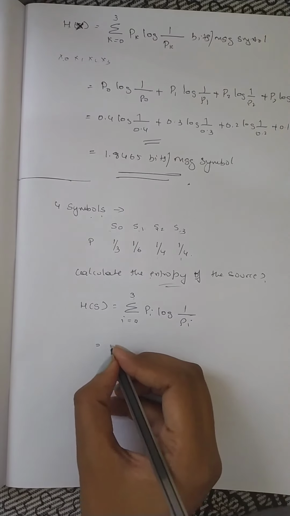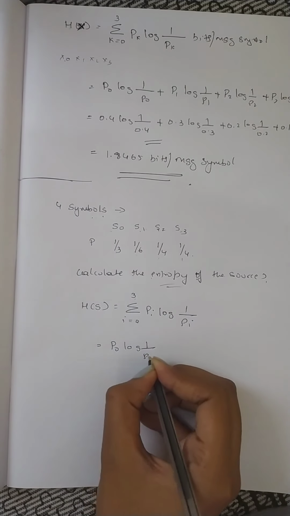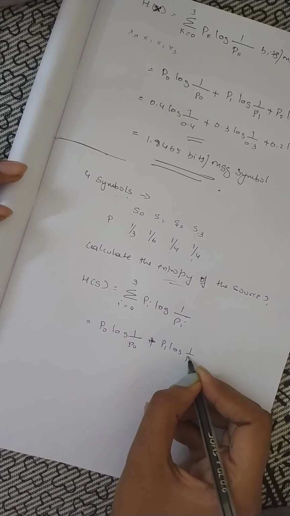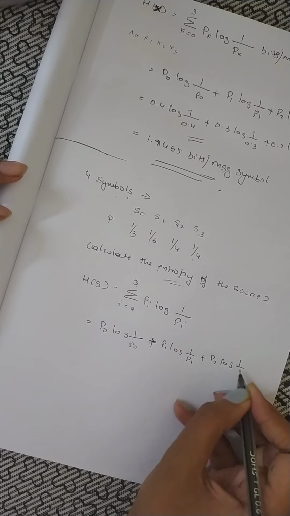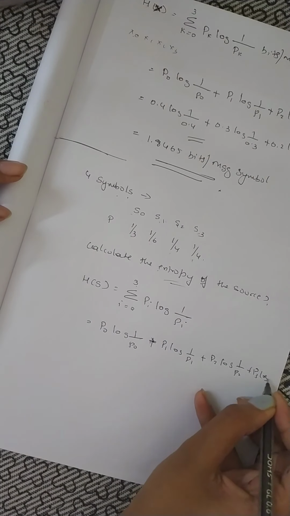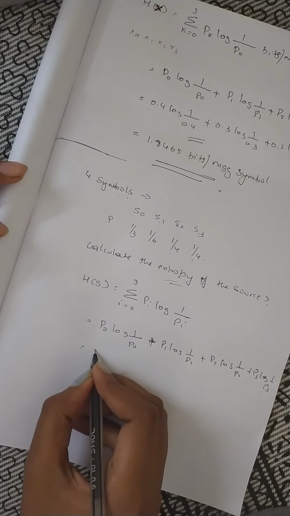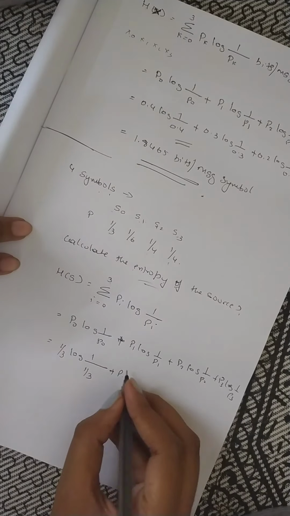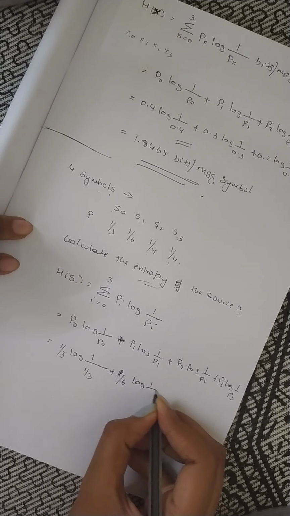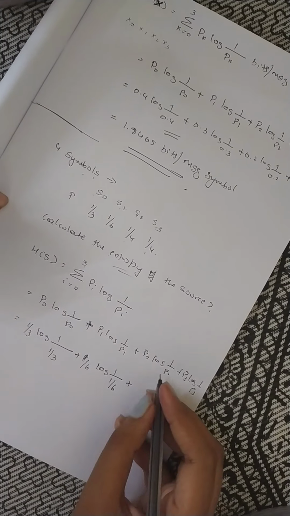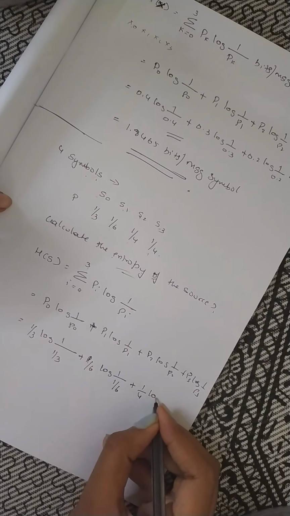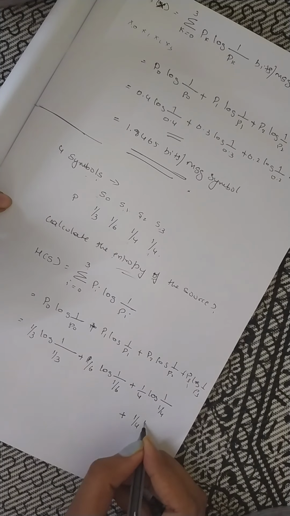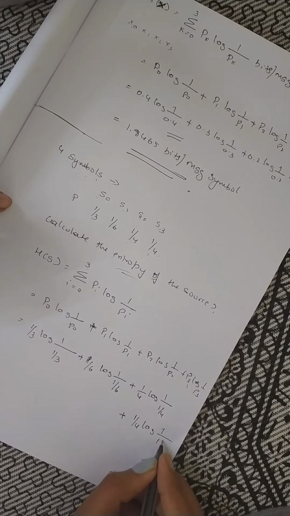So I can directly substitute P0 log 1 by P0 plus P1 log 1 by P1 plus P2 log 1 by P2 plus P3 log 1 by P3. Substitute the values: 1 by 3 log of 1 divided by 1 by 3 plus 1 by 6 log of 1 divided by 1 by 6 plus 1 by 4 log of 1 divided by 1 by 4 plus, for P3, 1 by 4 log of 1 divided by 1 by 4.